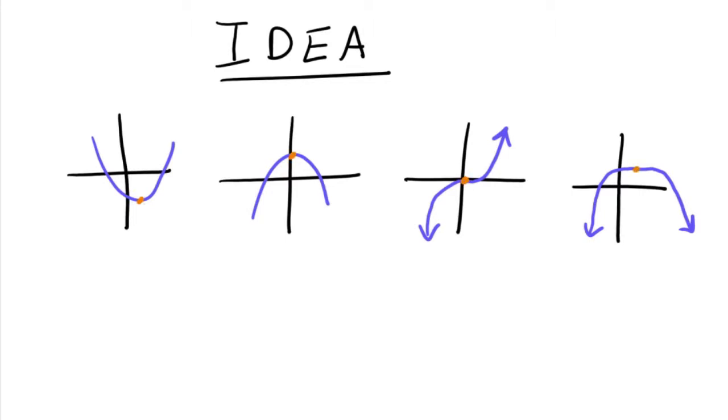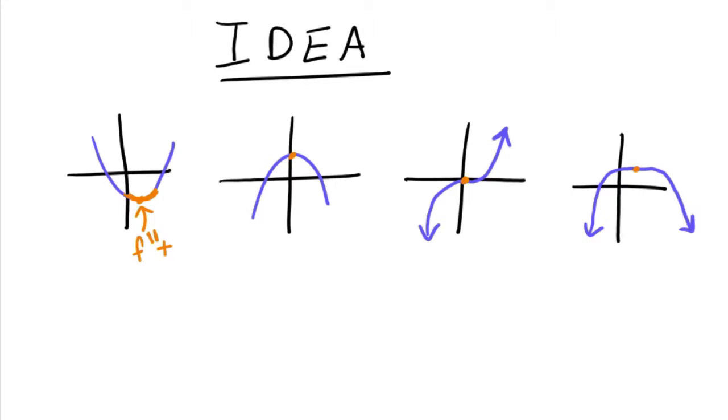Now the way the second derivative could help you is here, for example, notice that since it's concave up, that means the second derivative is going to be positive. Well, if you have a critical point and the second derivative is positive, that means that it has to be concave up.